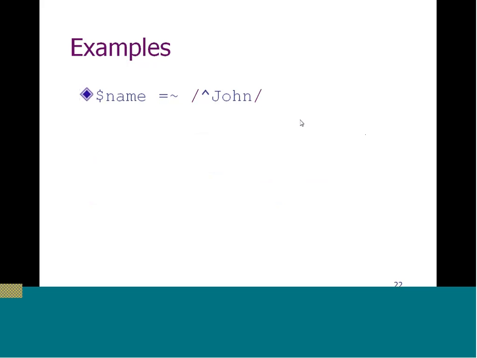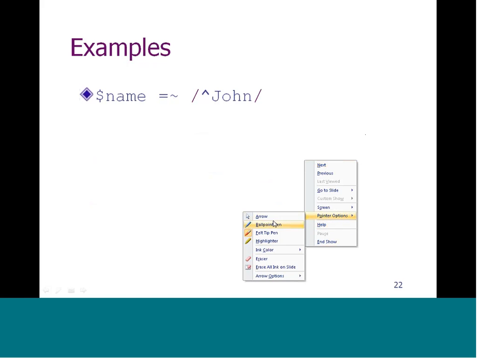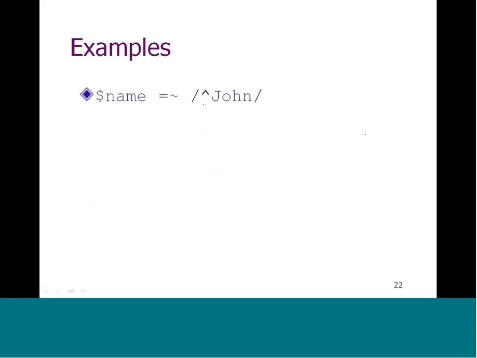Okay, so as I was explaining, we can use various matching. A simple matching is shown here, where the dollar name is matched against the string John. One thing that I want to highlight is here: you can see that it's matched at the beginning of the string.